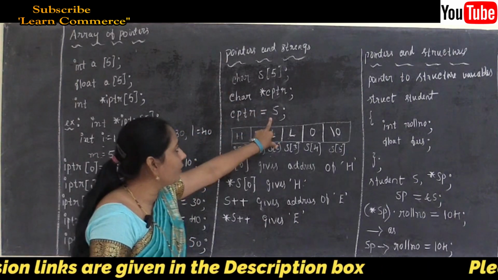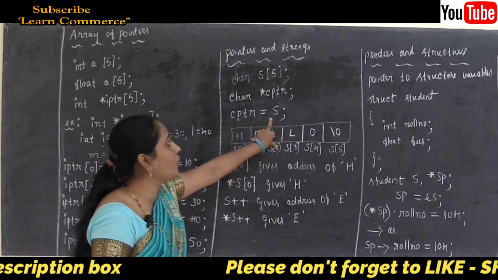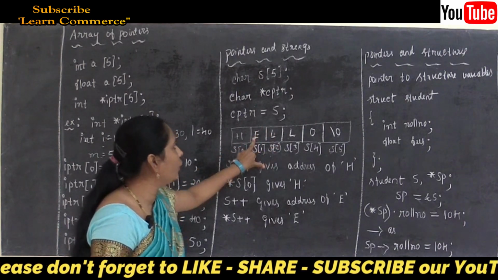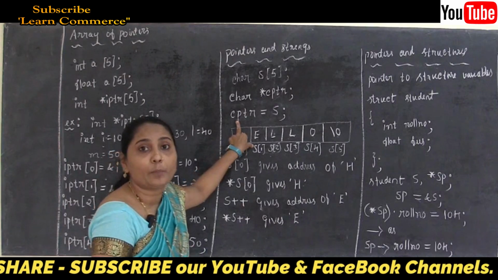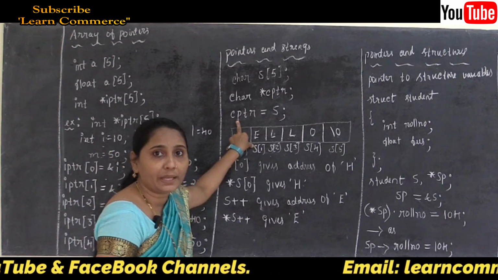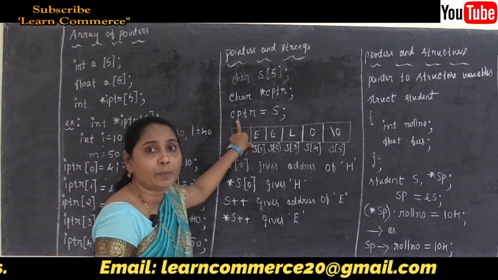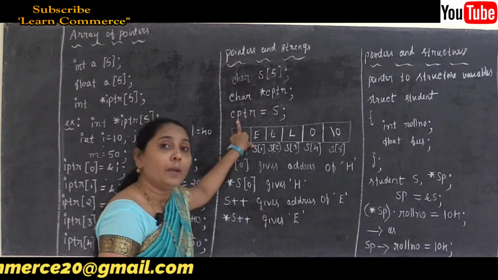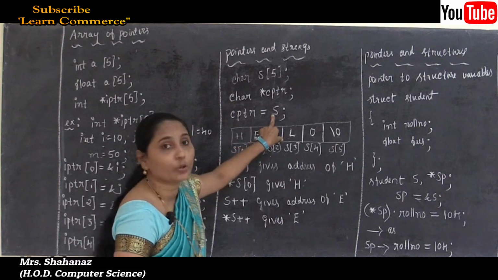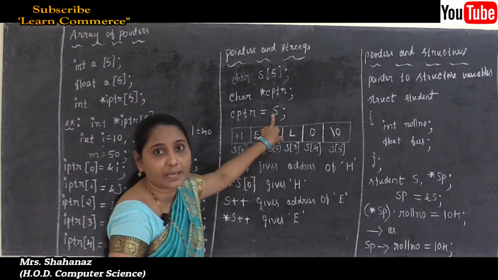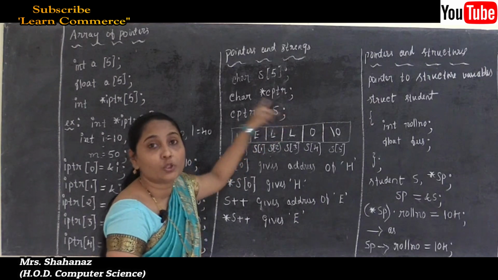Now whatever the answer is there in s, why? Because in s the answer is hello, and such a one is going to be assigned to the pointer variable cptr, but remember it, if you are in the concept of pointer and string, don't use the ampersand while assigning any address from one to another here.